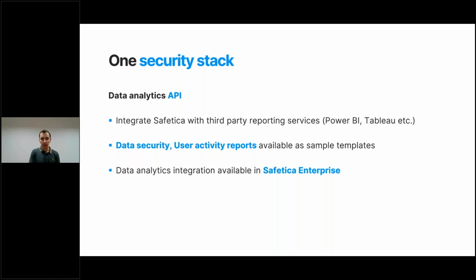To get you started, we have sample templates which are aimed at data security and user activity. You can either use these as starting points, you can use these as templates and reports that you will actually use, or you can build your own custom reports based on whatever you prefer.